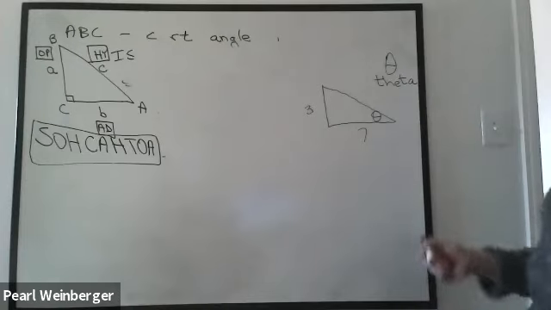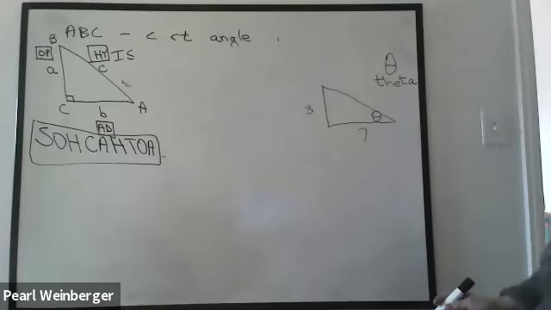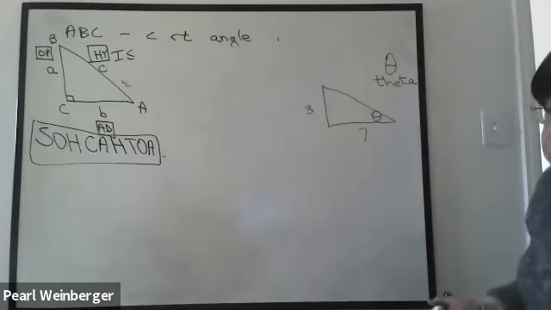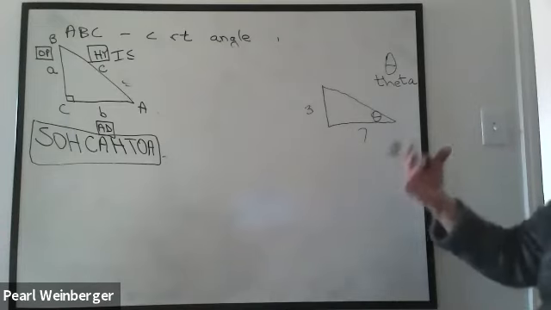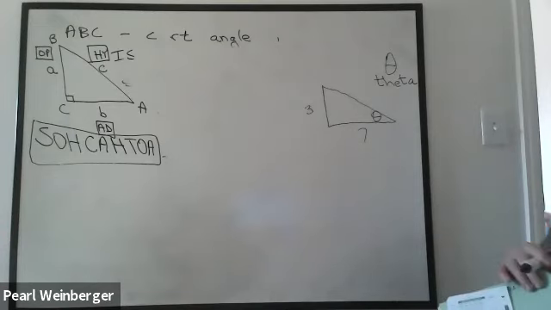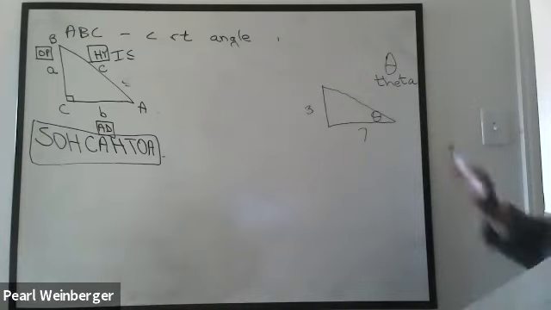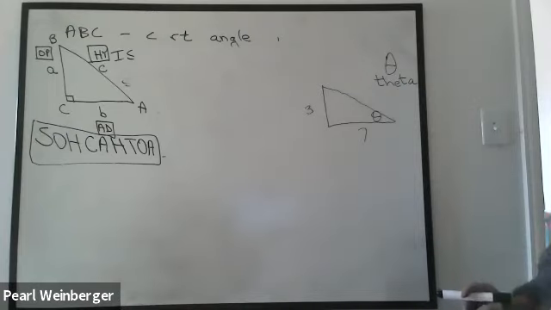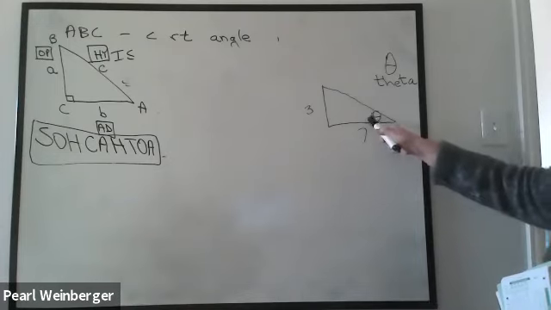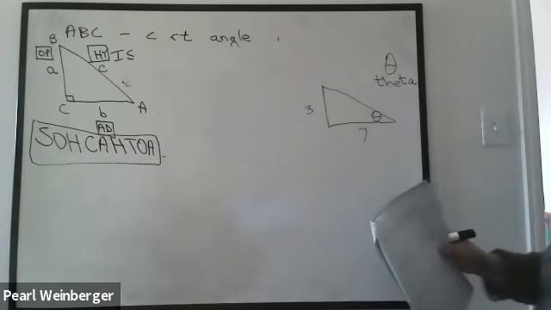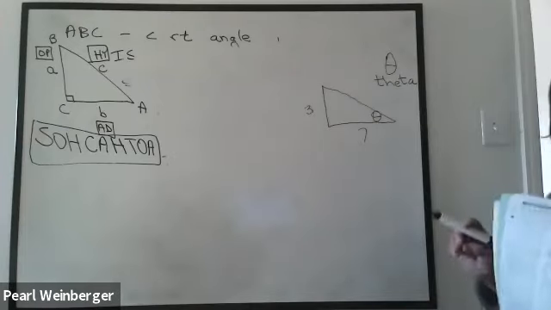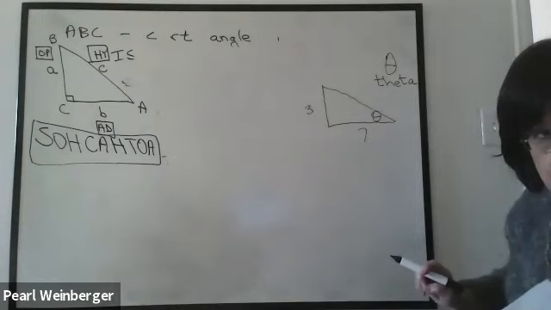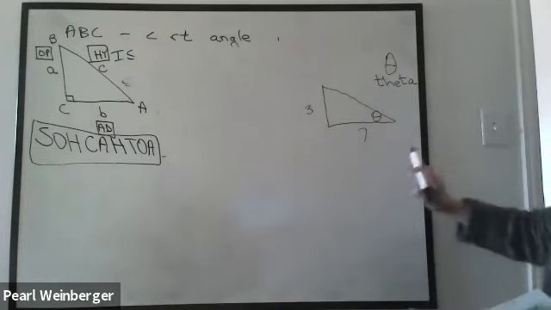The reason we use Greek letters for trigonometry is because trigonometry was first thought up by the Greek mathematicians. The advantage of it is whenever I see a Greek letter used in trigonometry, I know that the letter represents an angle. We never use Greek letters for the sides, we only use them for the angles.